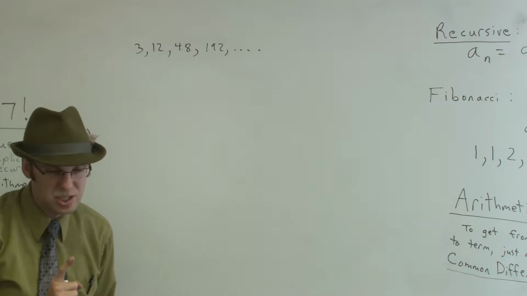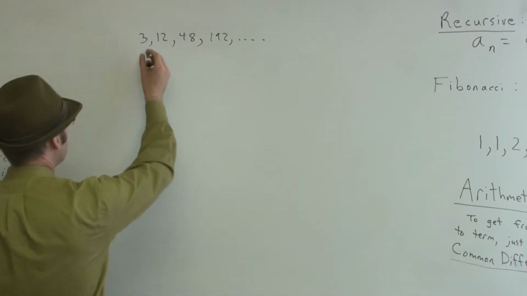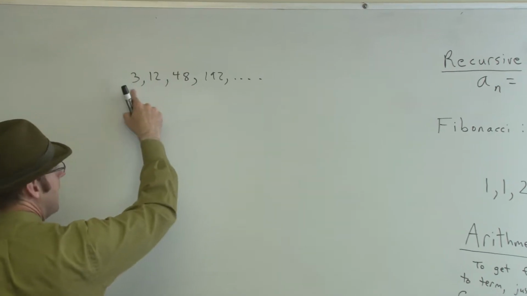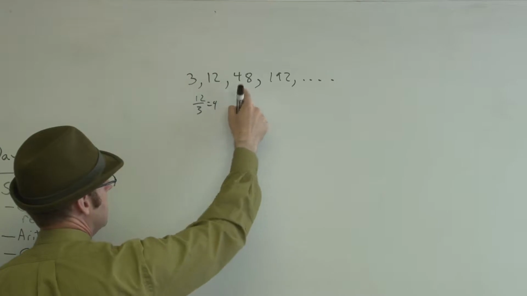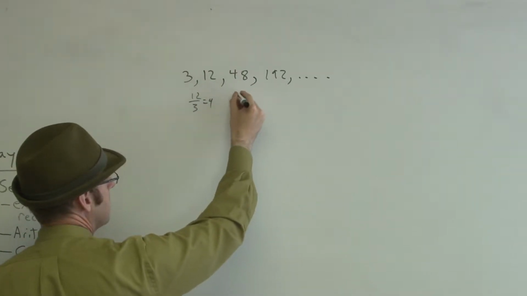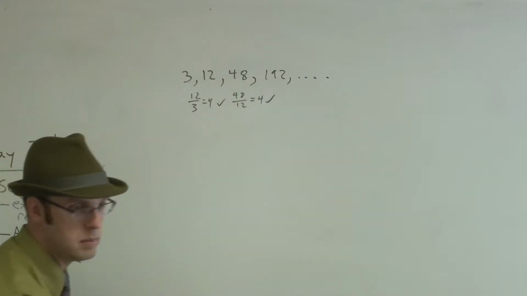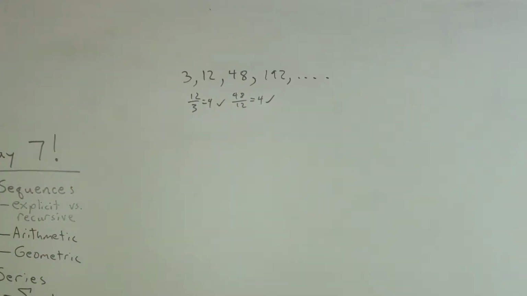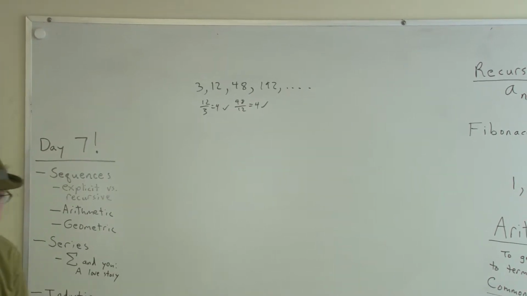So chances are it's geometric, but if you really wanted to be sure, just divide these numbers. See if it's the same thing when I divide those numbers. Yay! And what I get when I divide the second term by the first term is the common ratio.